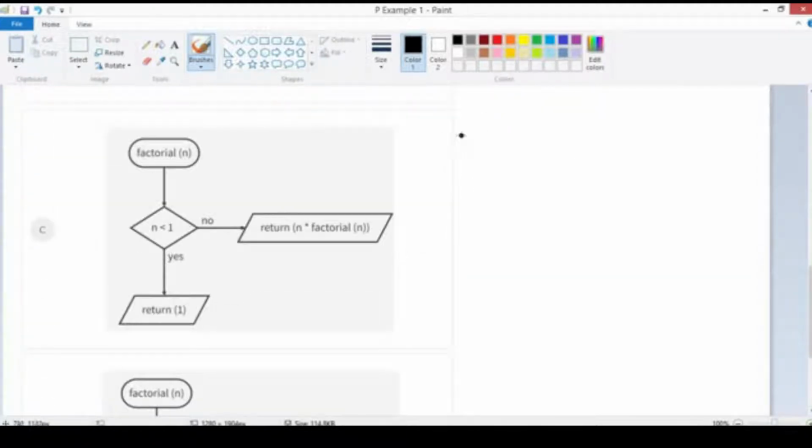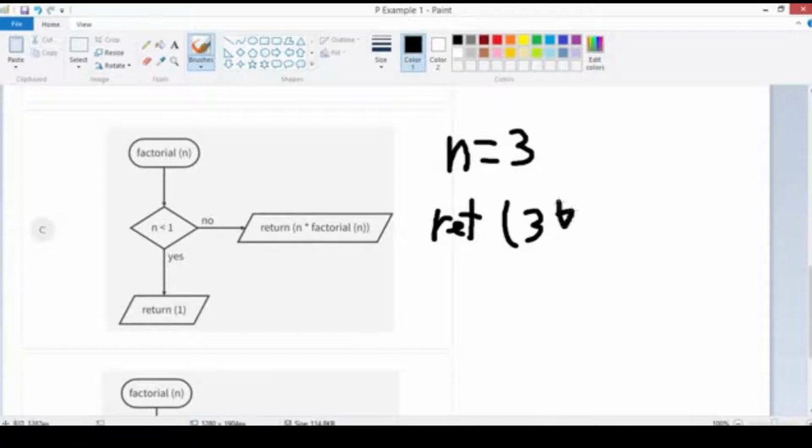Let's try our next one. n equals 3. So we check, is n less than 1? It is not, so we return n times factorial. That's going to be a little tougher to understand. We're returning n, which is 3, times the factorial of n, which is 3.